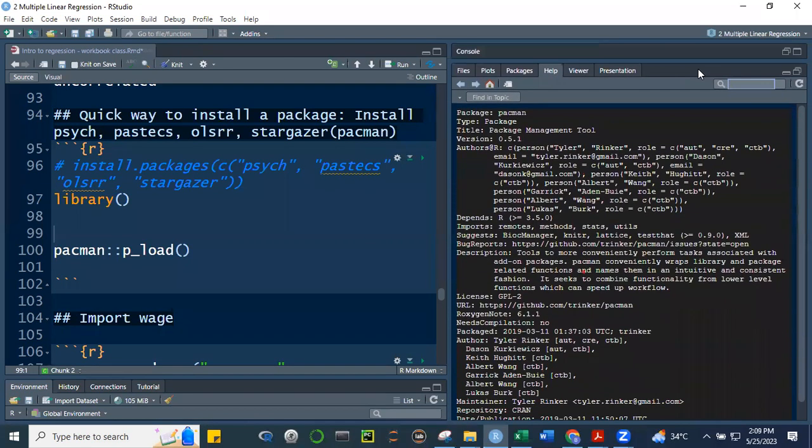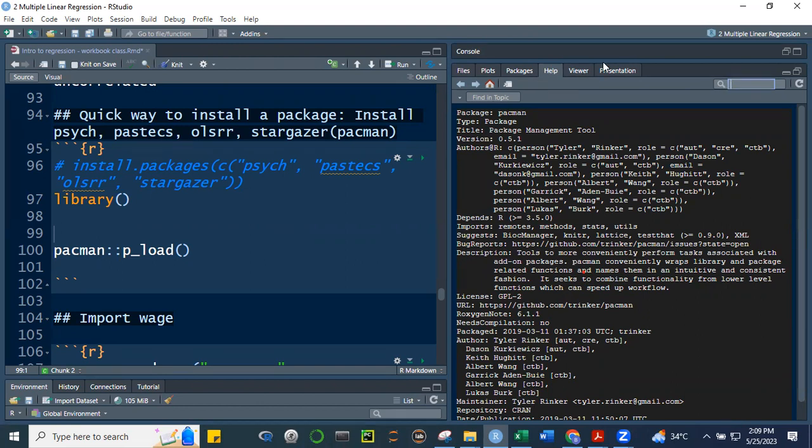So para saan ba to? Ito yung mga authors, Tyler, Winker. Ini-import din niya si remotes package, methods, stats, utils. Description: tools to more conveniently perform tasks associated with add-on packages. So si pacman conveniently wraps library and package related functions and names them in an intuitive and consistent fashion.